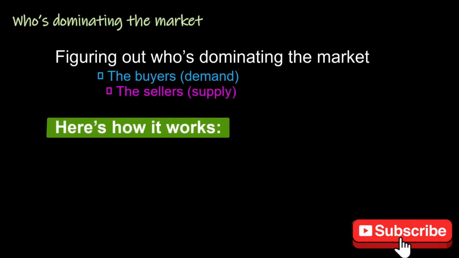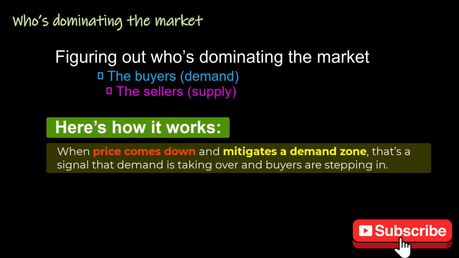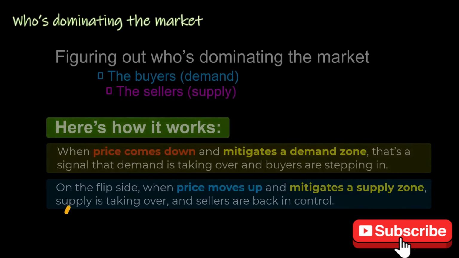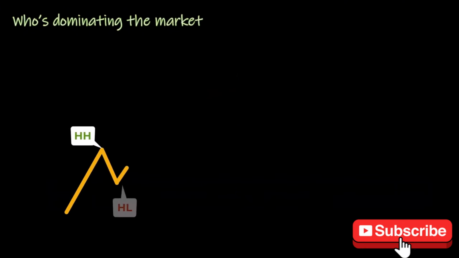Here's how it works. When price comes down and mitigates a demand zone, that's a signal that demand is taking over and buyers are stepping in. On the flip side, when price moves up and mitigates a supply zone, supply is taking over and sellers are back in control. Let's say the market is in a clear uptrend. You'll notice a consistent pattern of higher highs and higher lows.